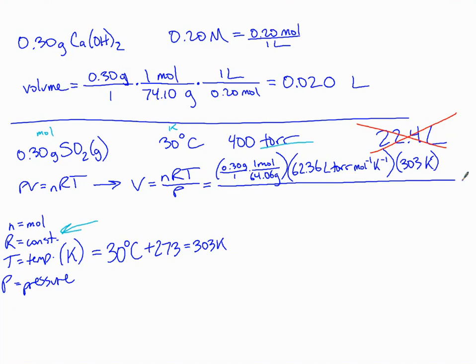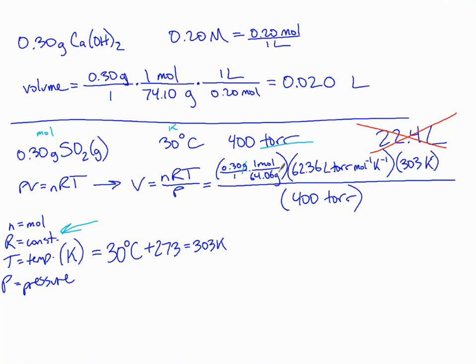For the pressure on the bottom, since we have torrs in our gas constant, we'll just stick in that 400 torrs. And before we go too much further, this is the point where putting units into your formula is going to make a big difference. There's a ton of numbers here.